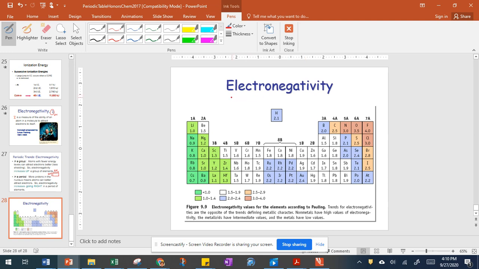So this is only measured for elements that form compounds. So noble gases, there's no electronegativity values for noble gases.